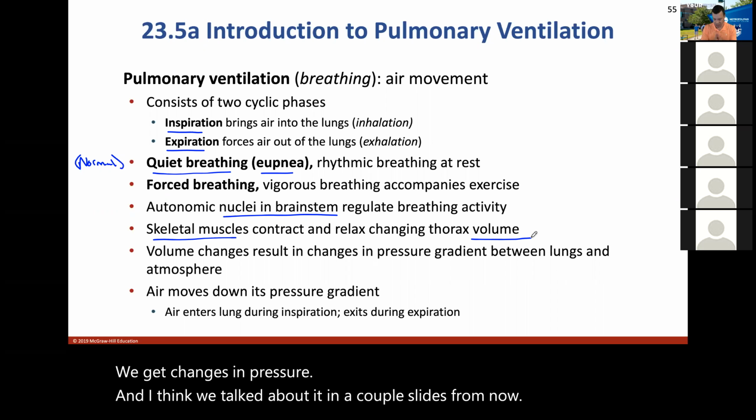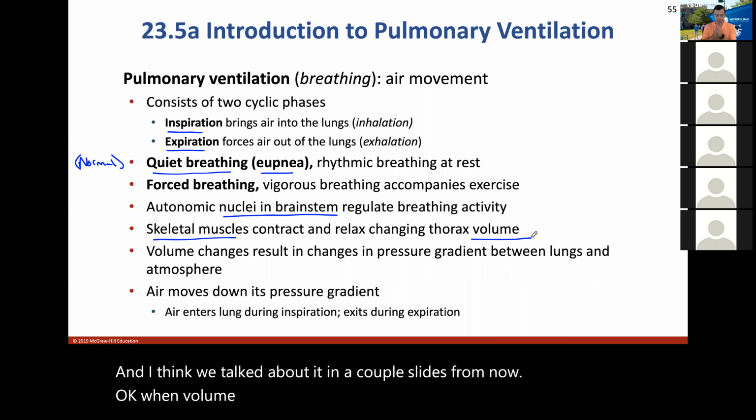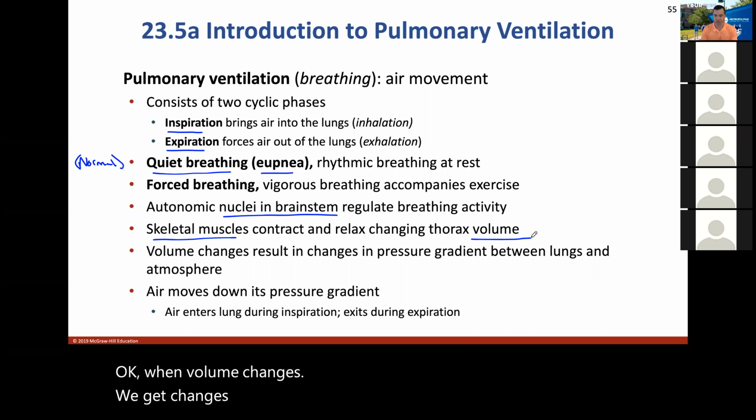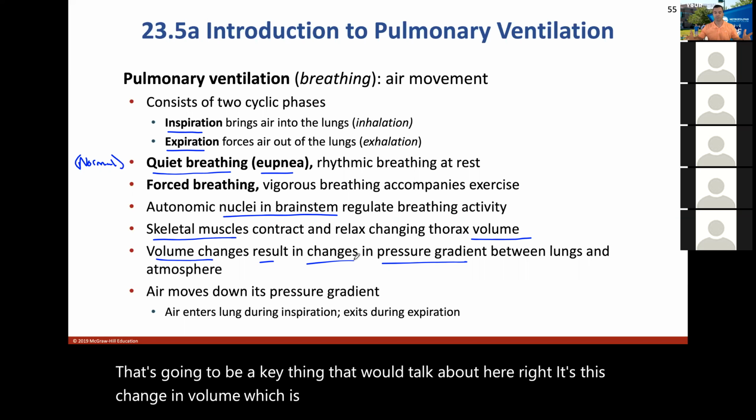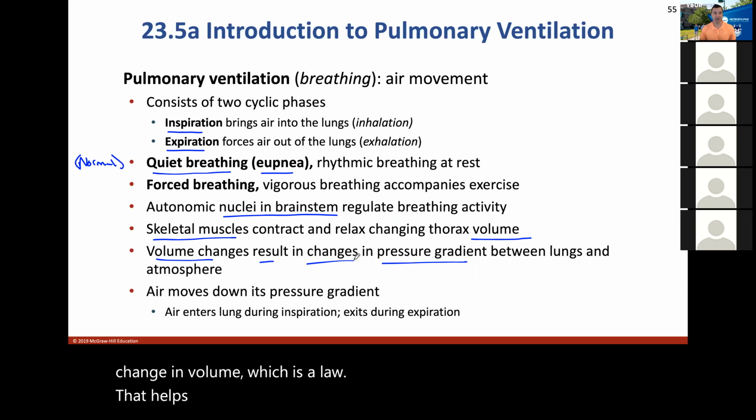When volume changes, we get changes in pressure. These are going to be key things. It's this change in volume, which is a law that helps us to change pressures, that allows air to move in certain directions, we'll see.